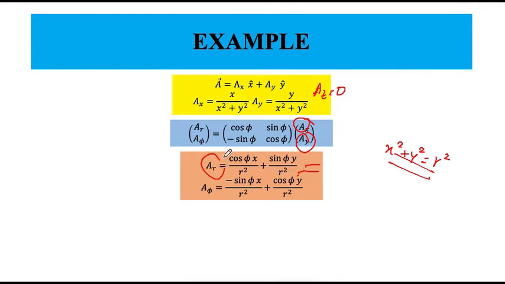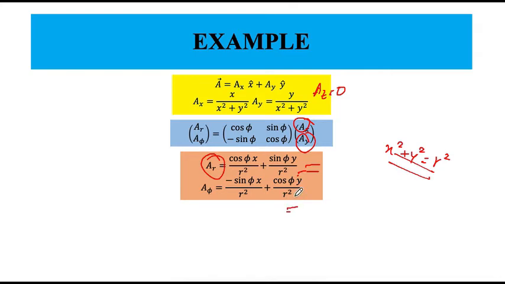So this is my Ar. Now what is x? r cos phi and y is r sin phi. What is A phi? It is minus sin phi x by r square plus cos phi y by r square.